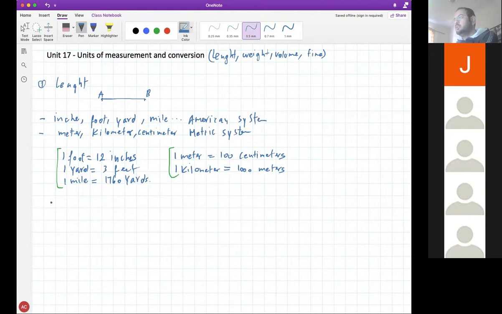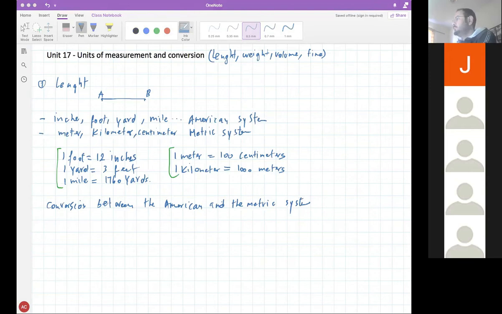So let's convert between the American and the metric. So you can see the conversions between those two.